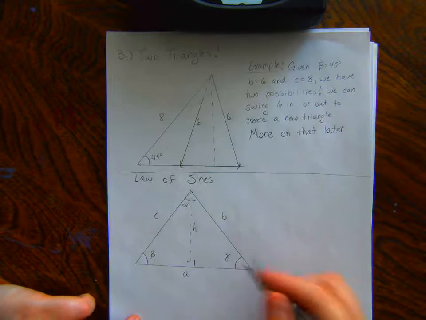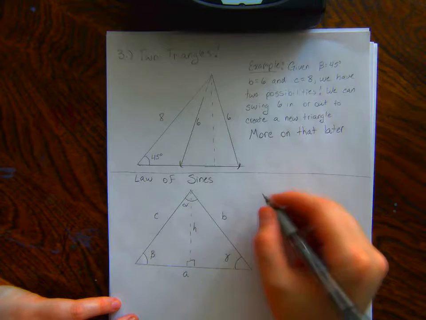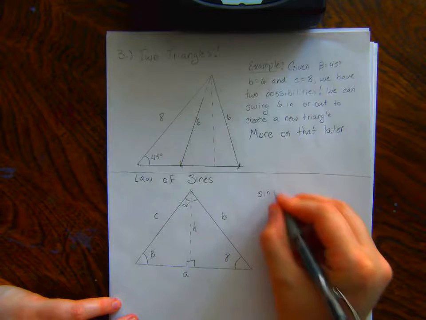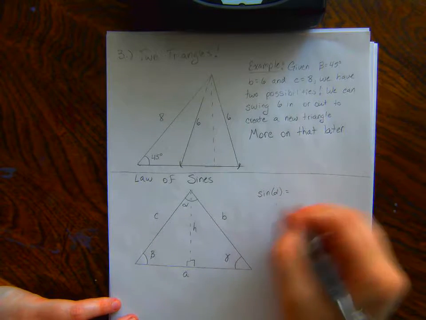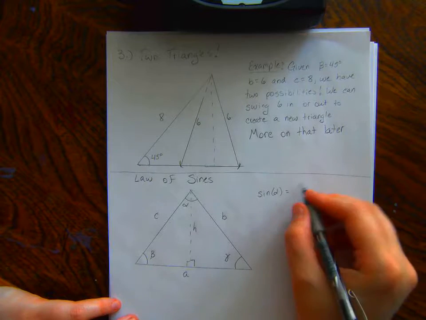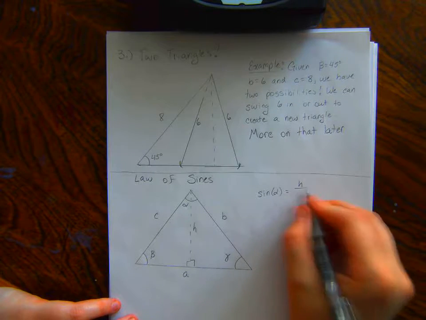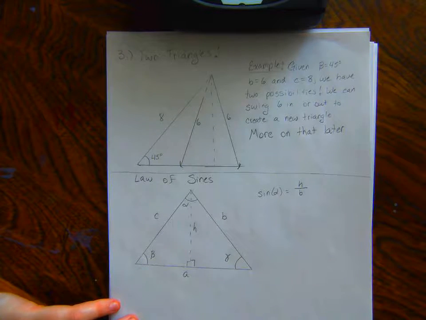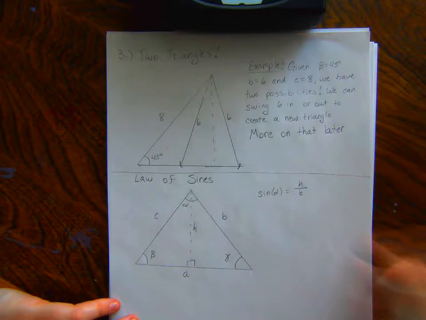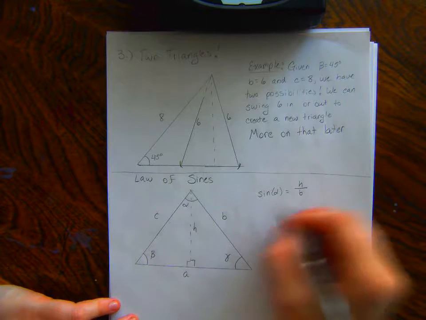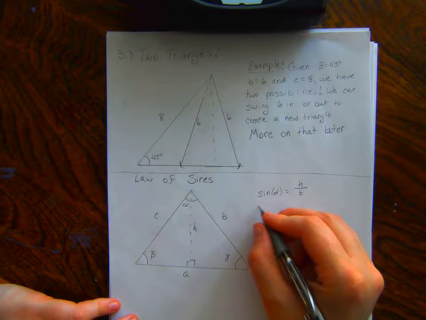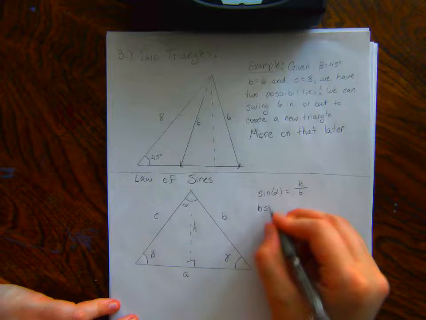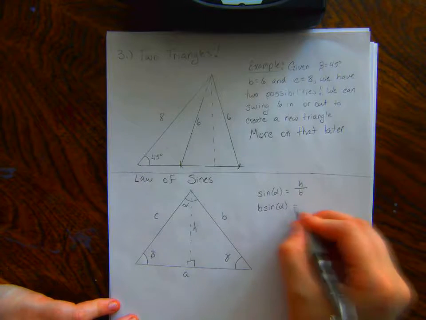Now if I'm in a right triangle, I know that sine of alpha equals my side opposite, that would be H, over B. Let's solve for H. So that's going to give me B sine alpha equals H.